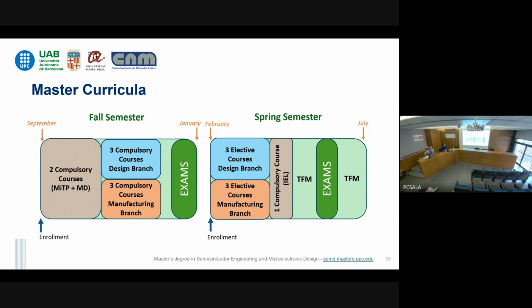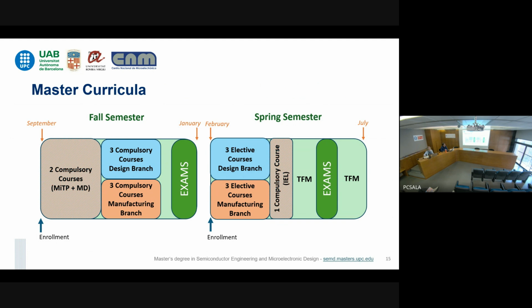Then starting 1st of November, you would start the compulsory courses for your branch, either design or manufacturing, and these courses would last until the Christmas break. And after the Christmas break, you would have the exams for these last courses.